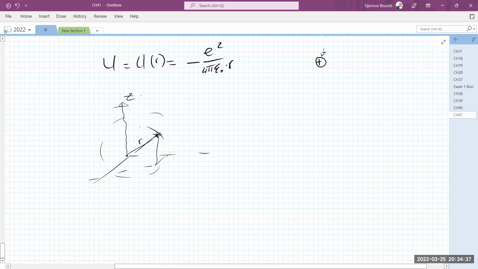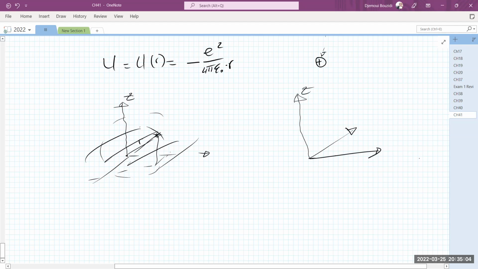So let me redraw it. Okay, so this is the x-axis, x, y, and z. So this would be my y-axis, and this would be my z-axis. I think this is better. So this is x, y, and z.